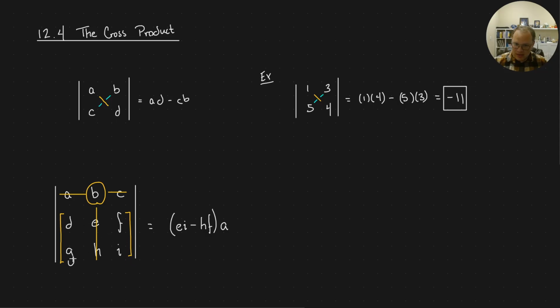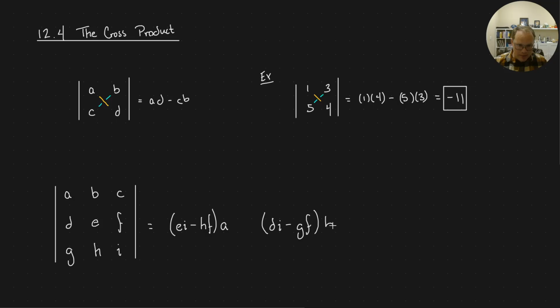That's DI times GF, right? So DI, those two, and then GF, those two. Subtract them, and then multiply by that element in the first row.